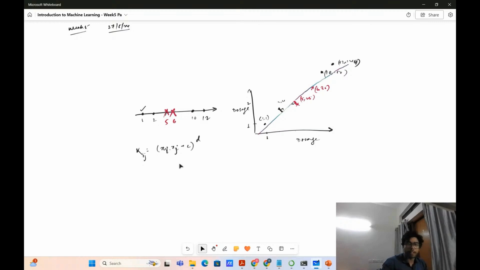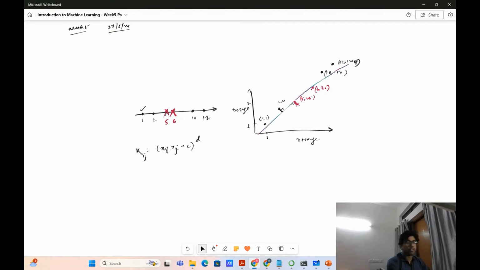In this case, our x_i are the dosage values, right? So what is (x_i times x_j plus c) to the d physically doing?